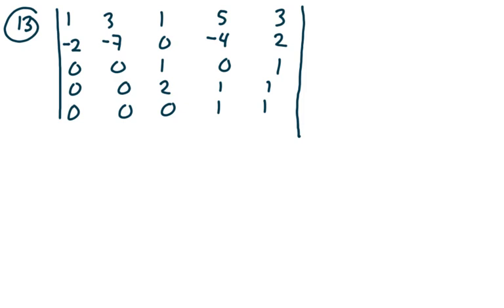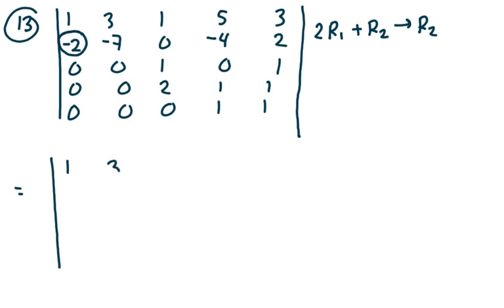And I want to give you guys some options here because this is a 5x5 and it starts to get big, right? I want to turn this entry into a 0 right off the get-go. So I'm going to take 2 row 1, add it to row 2, put that result back into row 2. So we're going to deal with a 5x5 temporarily. So this is 1, 3, 1, 5, 3 for the first row. 0.